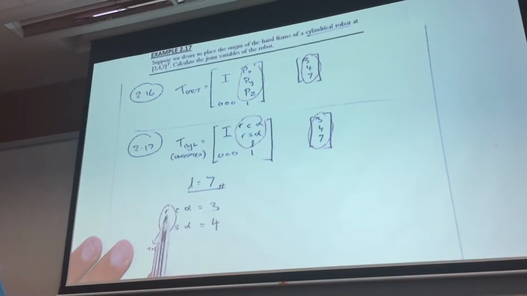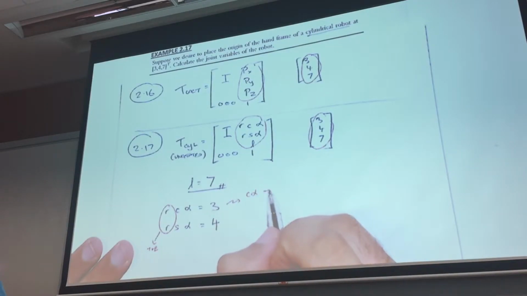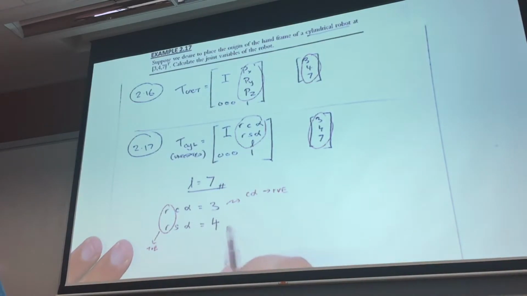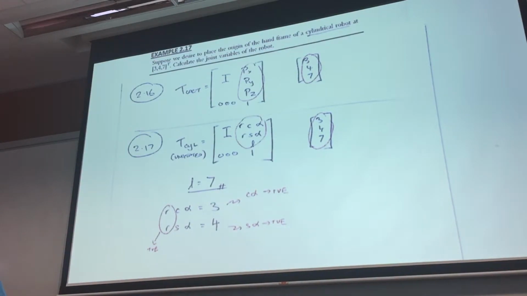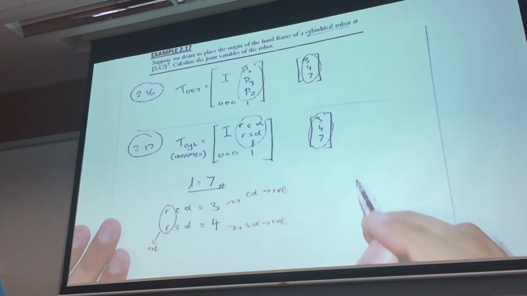So if this is positive, to get a positive answer, that means your cosine alpha should be positive, sine alpha will be positive, right? They cannot be negative because negative multiplied by a positive number will result in a negative number. Okay, take note of that. This is the important part. This will tell you where your angle will lie.